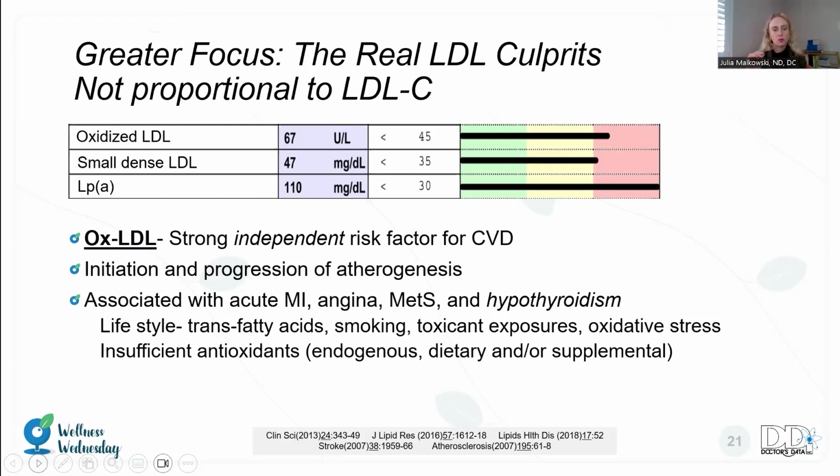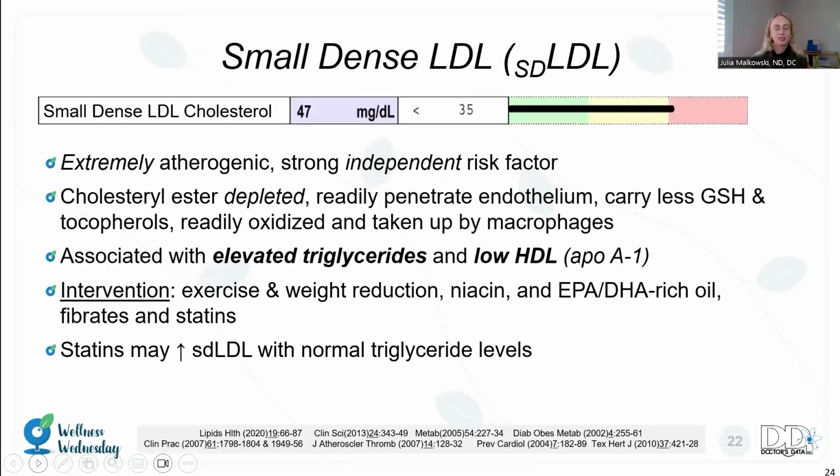Again, it is associated with the initiation and progression of atherogenesis. It is associated with myocardial infarction, angina, metabolic syndrome, and even hypothyroidism. You want to consider for these patients their lifestyle, such as trans fatty acid consumption, which is rampant, smoking, toxicant exposure, and oxidative stress, as well as insufficient antioxidants. We will talk about antioxidants today because antioxidants are healthy for the gut microbiome as well.